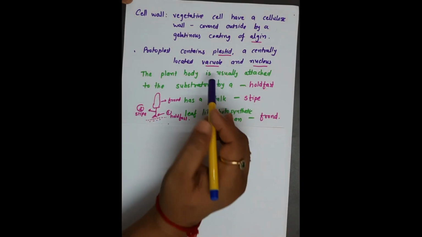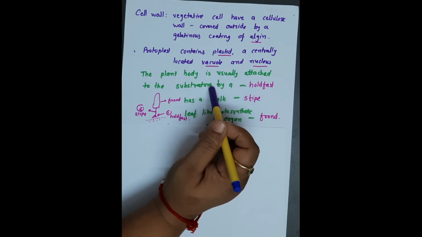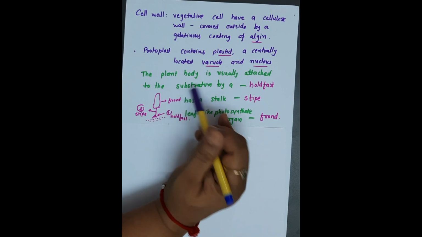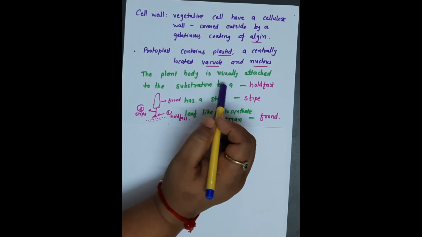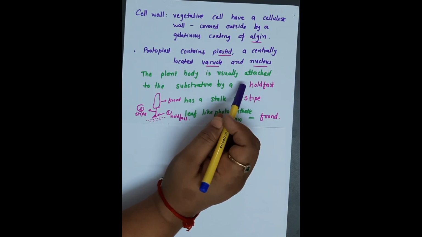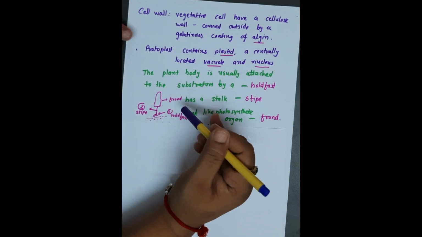Now this is most important. The plant body is usually attached to the substratum. Substratum means the soil level, the layer, that is the substratum. Here roots are not present, but a root-like structure which holds the plant is known as a holdfast.